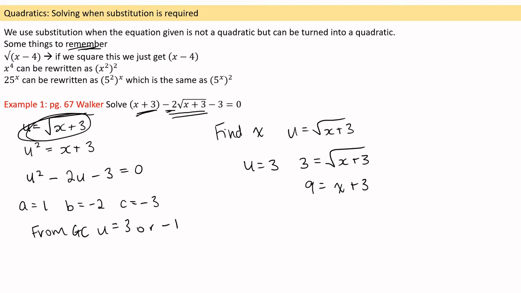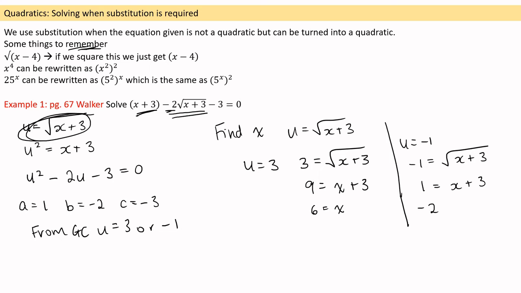Taking away 3 from both sides, we get x equals 6. Okay, and then we also had u equal to -1. Same process. Just remember when you square a negative, it becomes positive. Take away 3 from both sides, we get x equals -2.